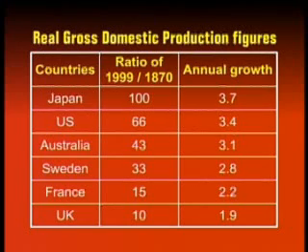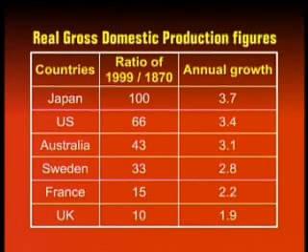Now the important column to note here is that of the ratio of the 1999 level of real GDP to the 1870 level of GDP in these economies. And as you can see, Japan's economy over this 130-year period has expanded by 100 times, right?